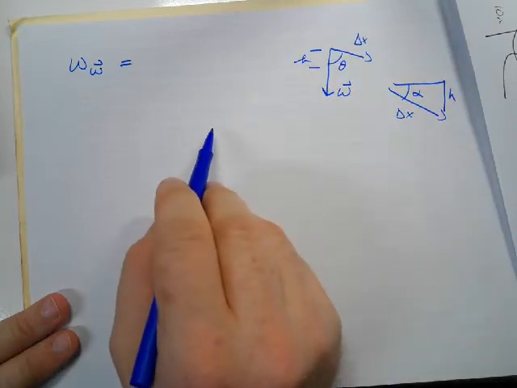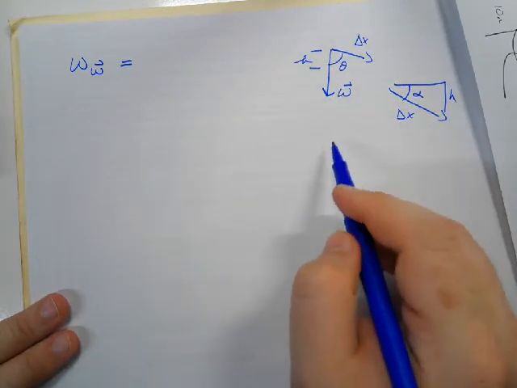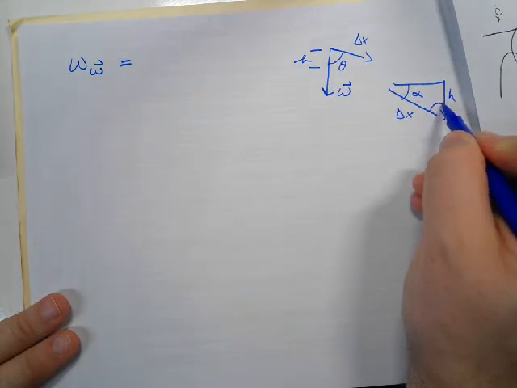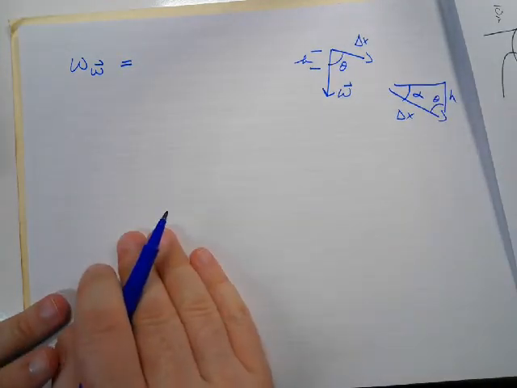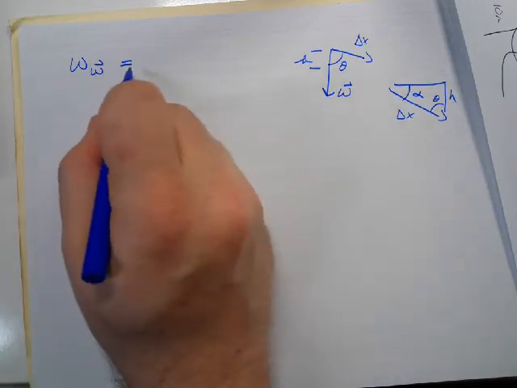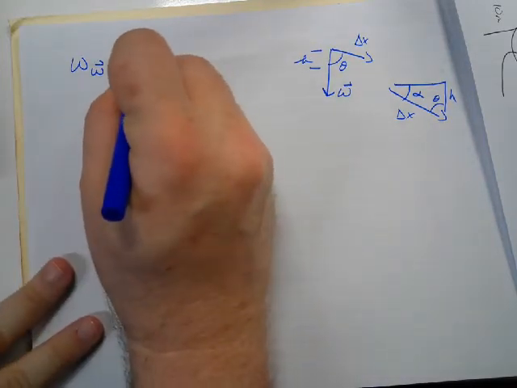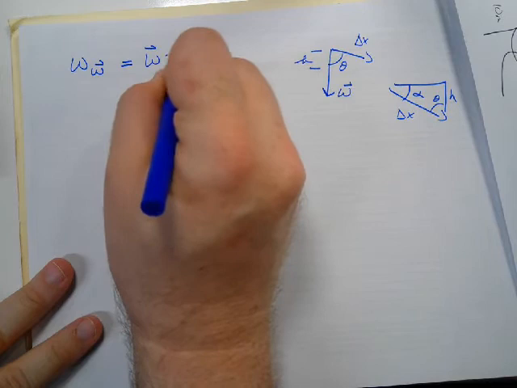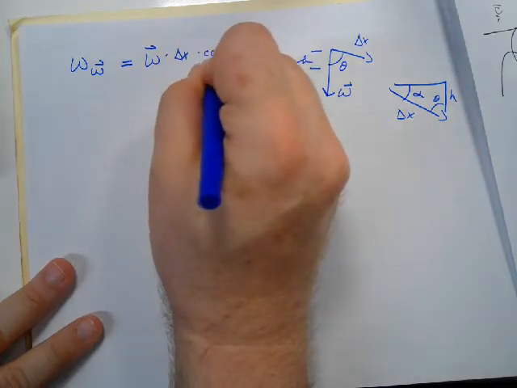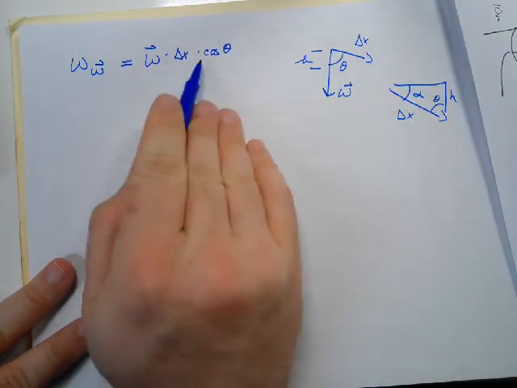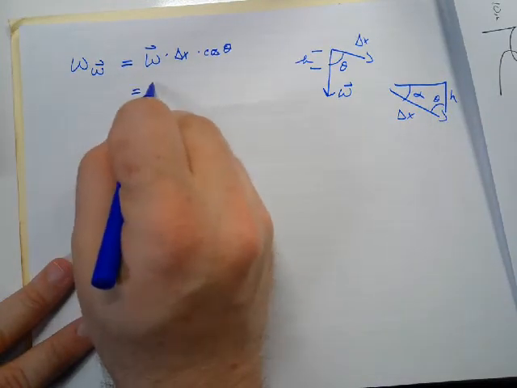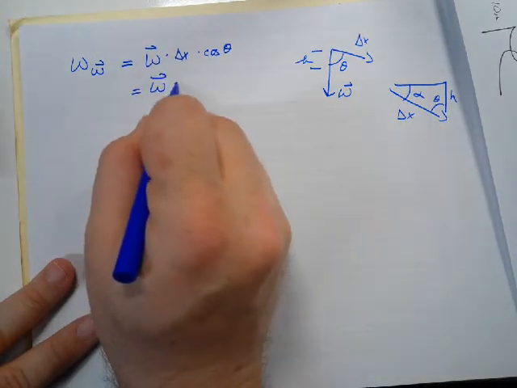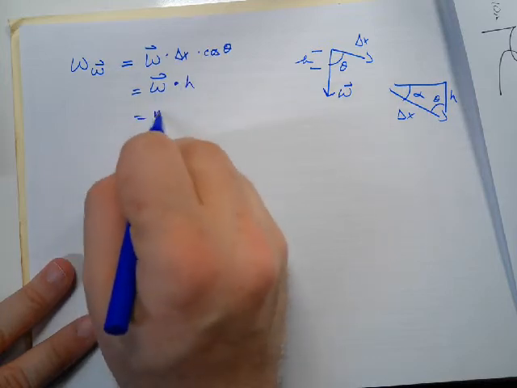So alpha plus theta is 90 degrees. That means this is theta. So when we write this out, this is going to be the weight force times delta x times cosine theta. But delta x cosine theta is h, which gives the weight force times h, which is mgh.